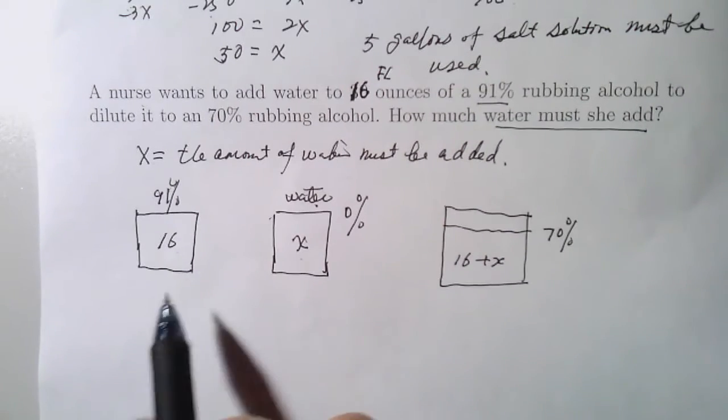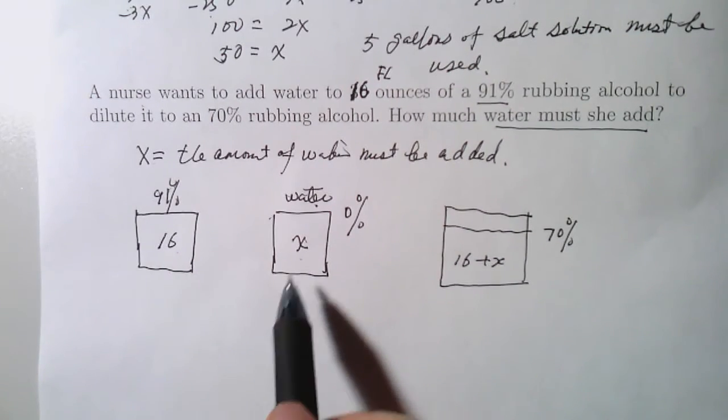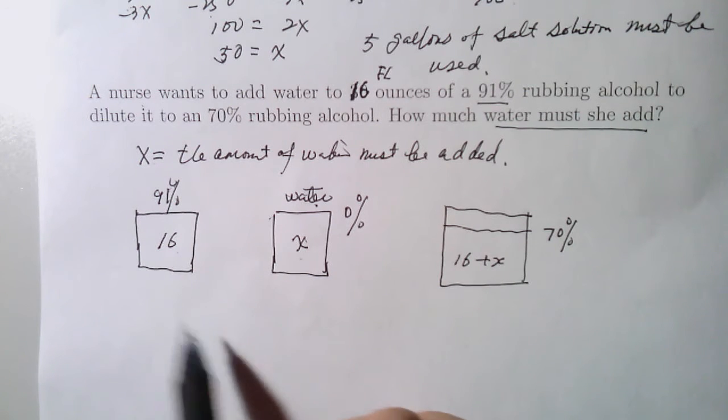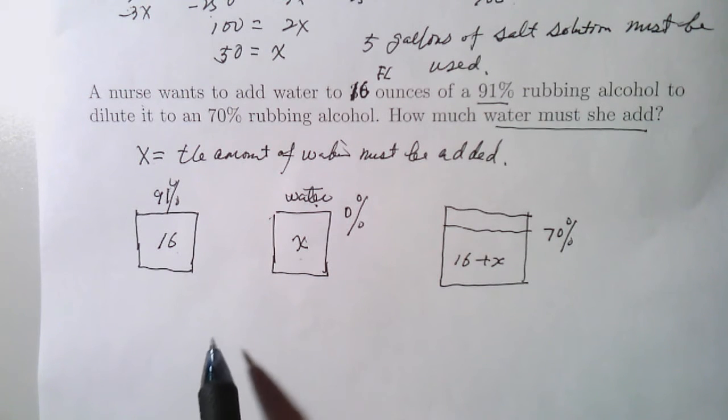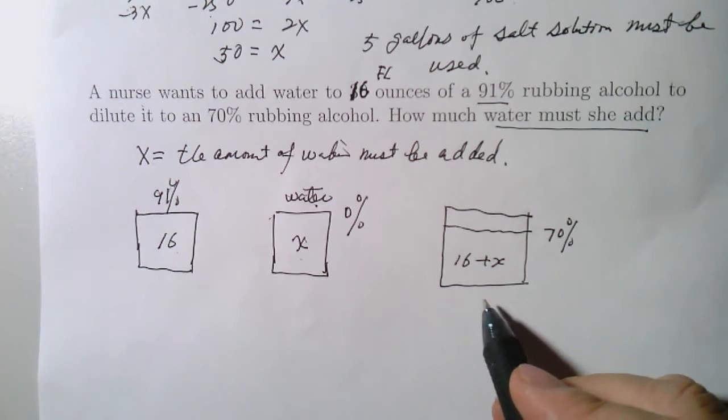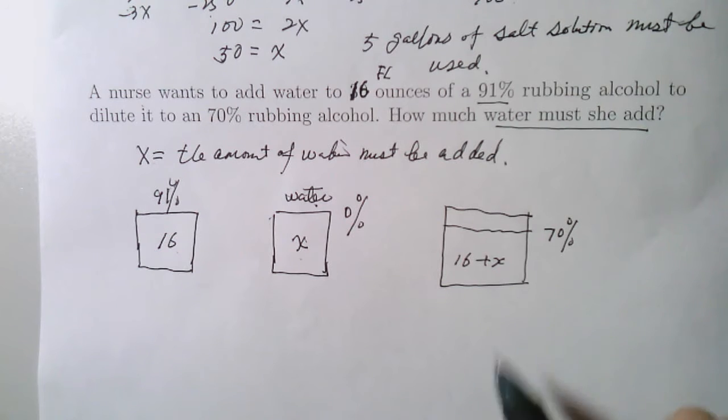As we mentioned earlier, the total amount of chemical, which in this case is the alcohol, before mixing and after mixing must be equal.